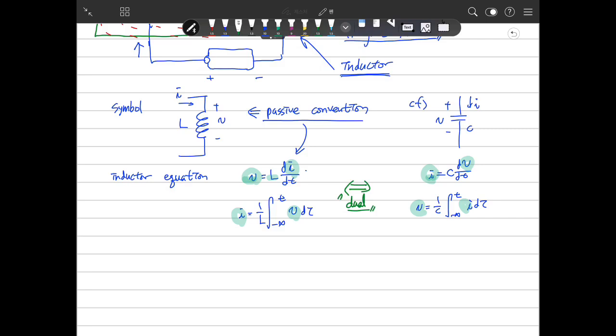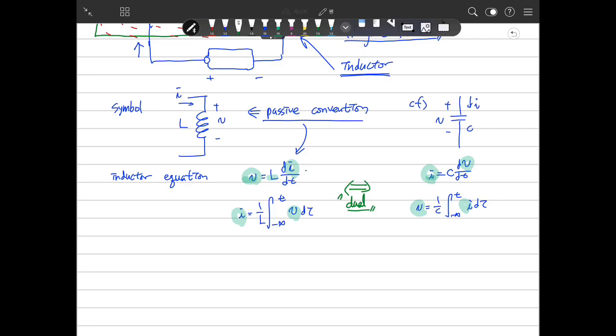The capacitor stores energy in the electric field. The electric field is proportional to the voltage, the potential difference. But the inductor stores energy in the magnetic field. The magnetic field is proportional to the current.